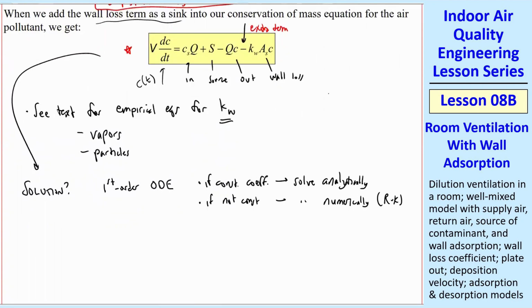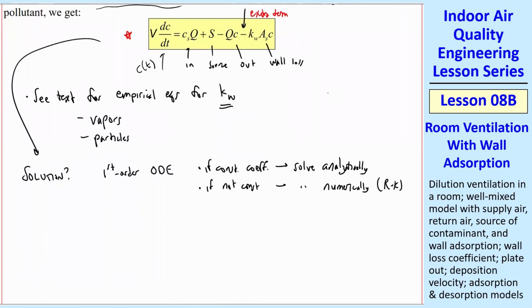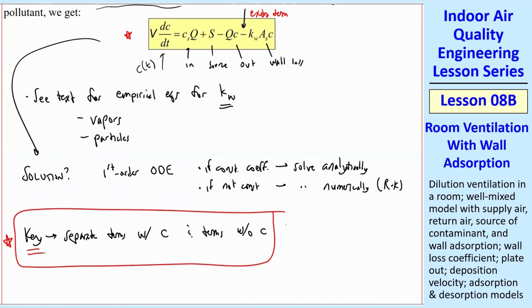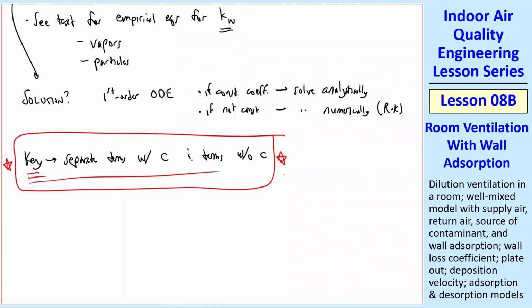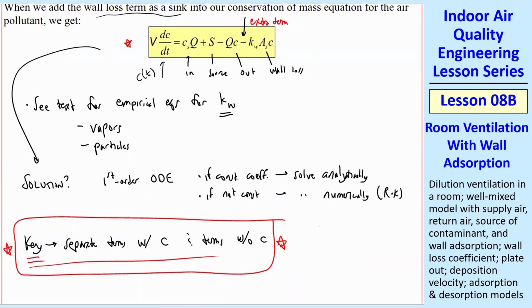And so how do we solve an equation such as this? Well, the key is to separate terms with C and terms without C. Every time we add something to our room ventilation to make it a little more complicated and a little more realistic, you're going to have to do this. In this case, I look at my equation above and I see CS and Q, that doesn't have a C in it.